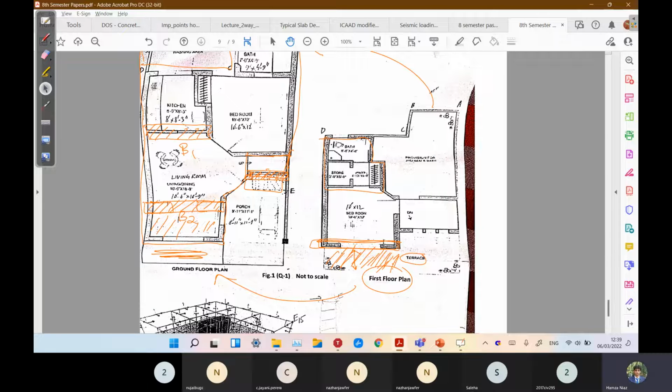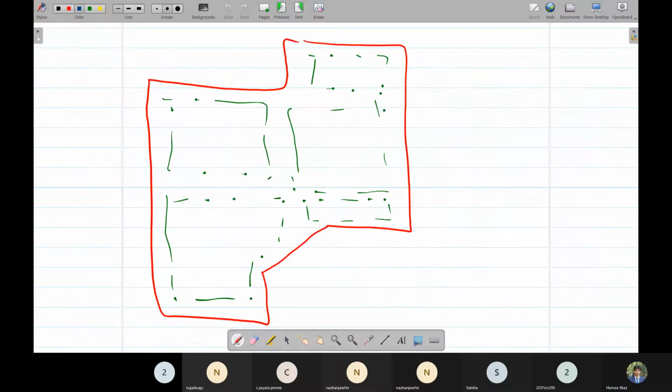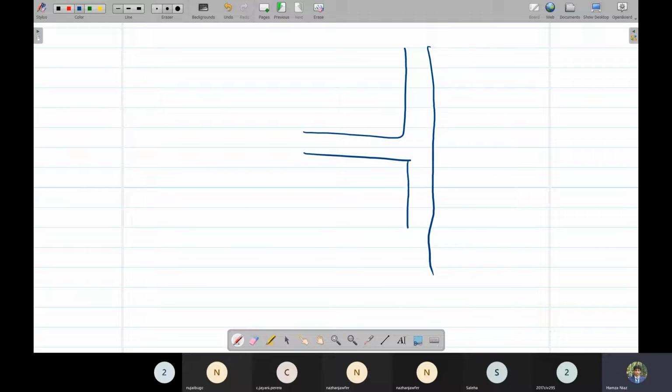We have to cut the slab here, because if we do not cut this, we cannot go to the first floor. So we have to cut our slab in case of stair voids. If I draw it from here, this is the wall of the ground floor, and this is our staircase.